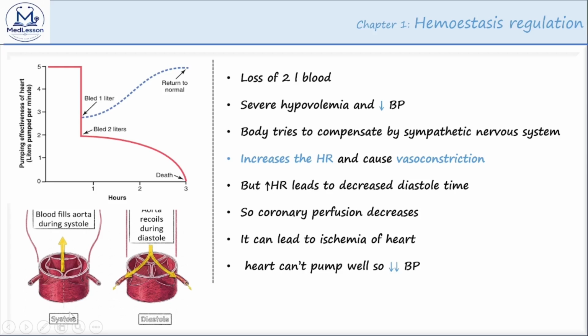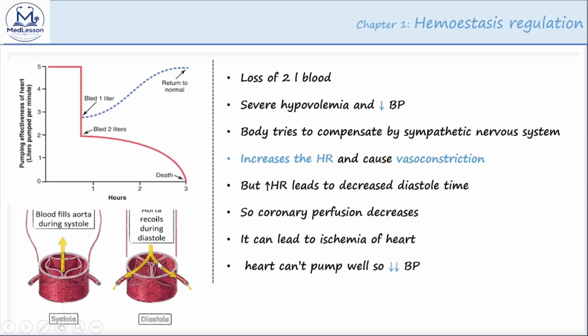As you can see in this picture, when the heart contracts, so the heart pushes the blood toward the peripheral organ. All organs are supplied by the heart except for the heart itself, because the cusp of aortic valve closes the coronary artery during the contraction when the blood is going forward.